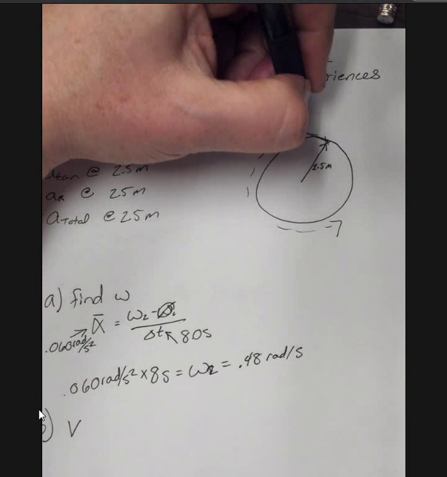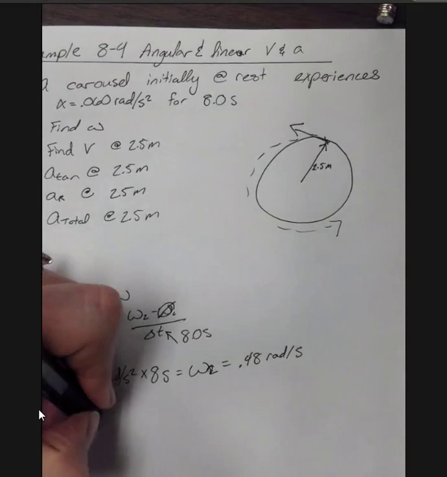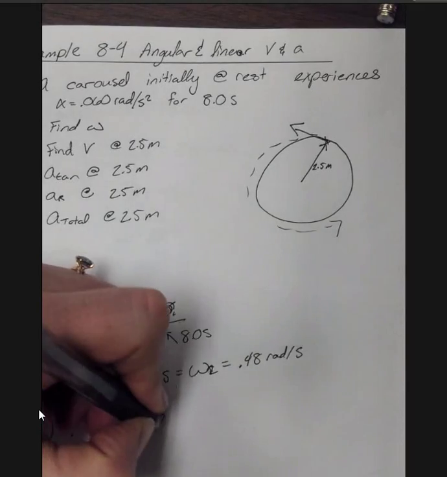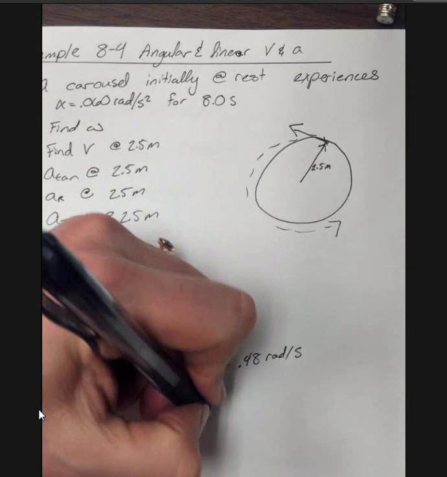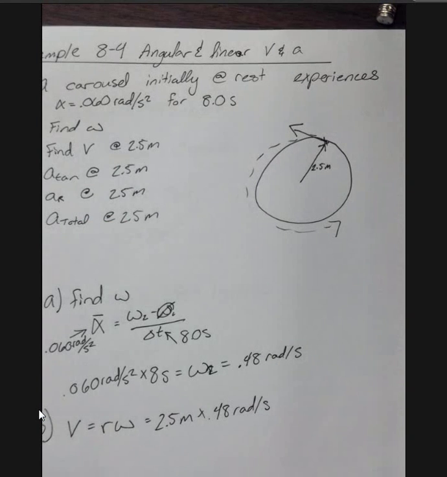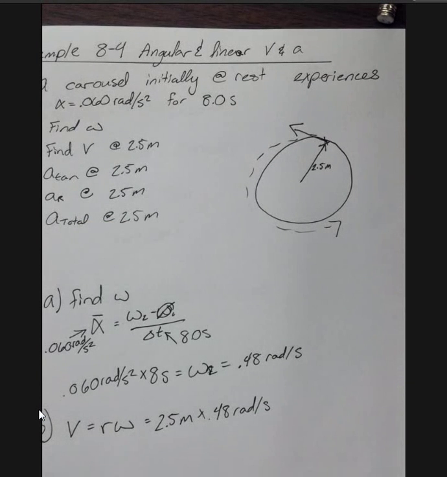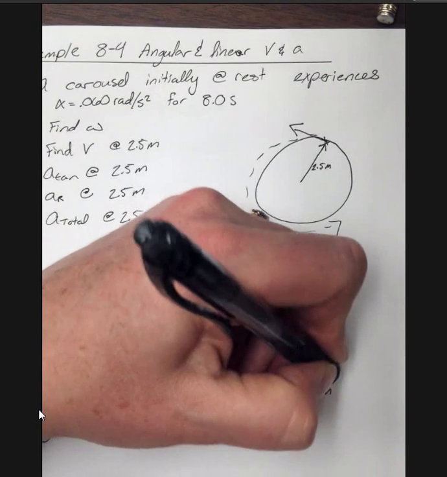Now that we have that and we have a radius, we can find the tangential velocity. Tangential velocity, remember, is tangent to the circle, and that's given by r omega. Our radius is 2.5 meters, and our rotational velocity is 0.48 radians per second, so our tangential velocity is 1.2 meters per second.